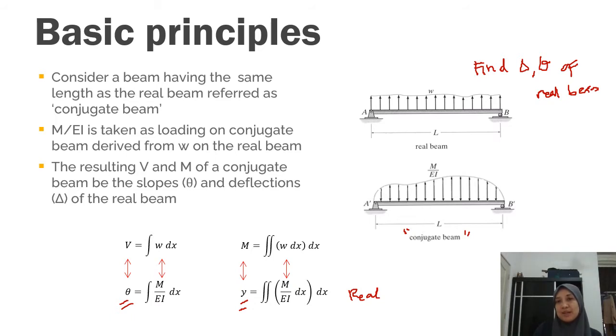But the main difference is the loading. Instead of W, you are going to change your load to M over EI. This is going to be your load.